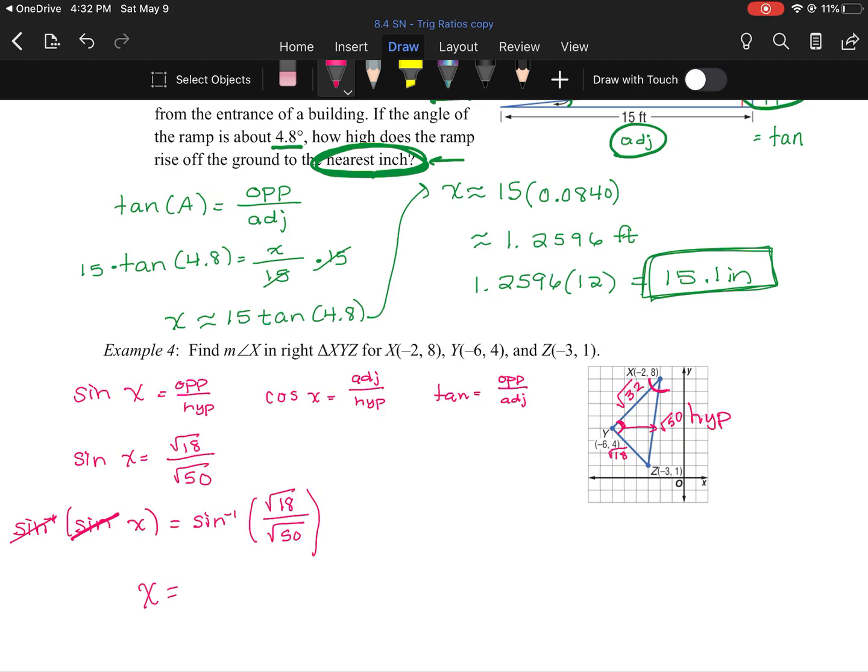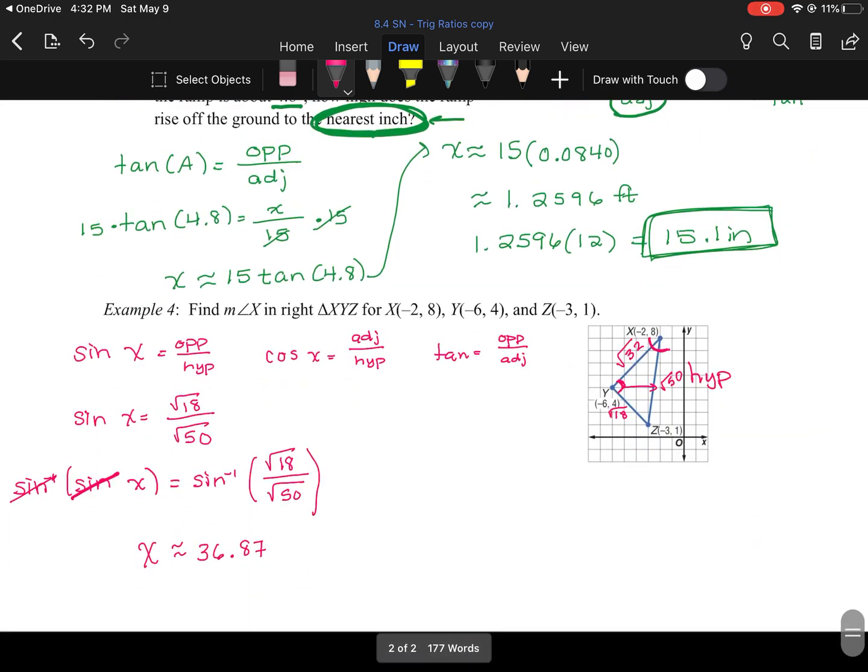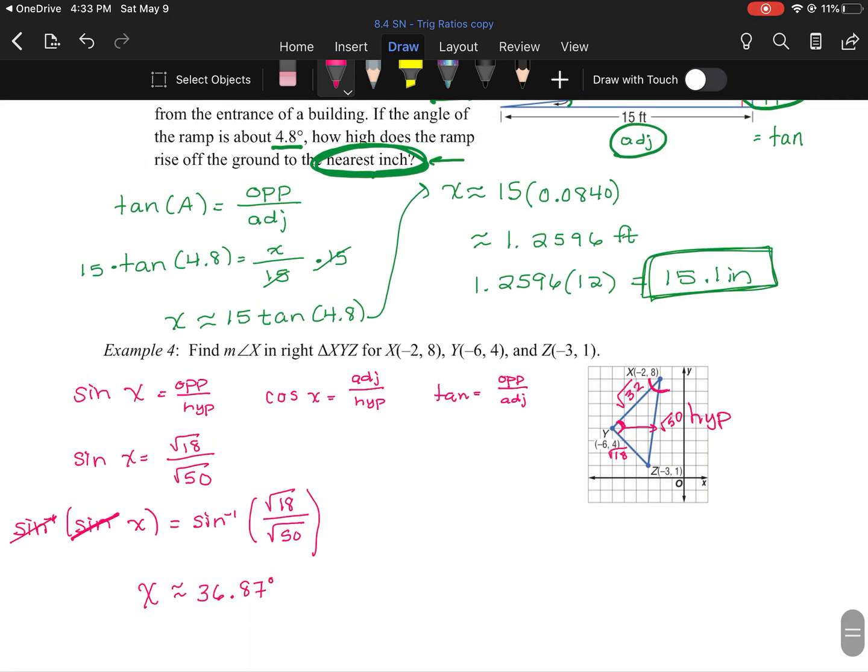Hit second sine and then type in the square root of 18 divided by the square root of 50. And when you do that, you get approximately, so let me erase my equals and put approximately, because we are rounding, 36.87. Now this is an angle measure. So that is in degrees.